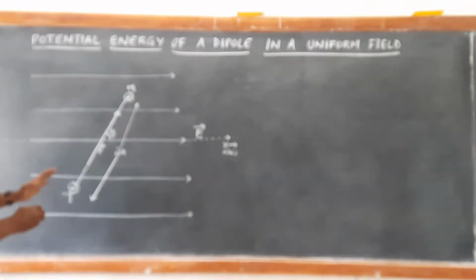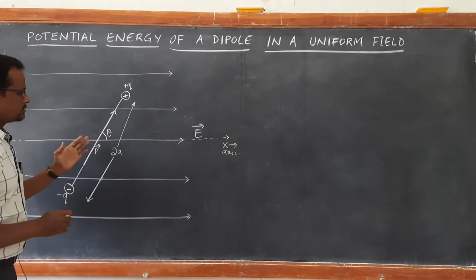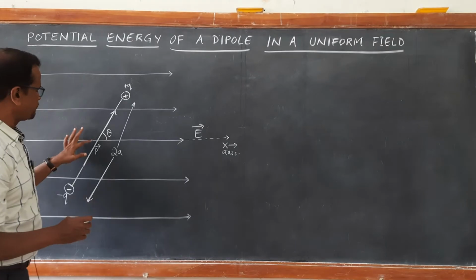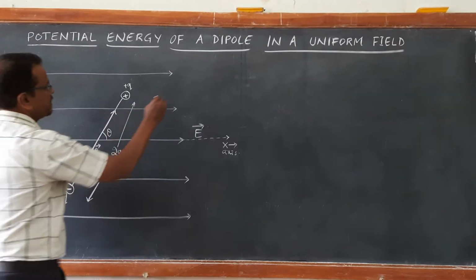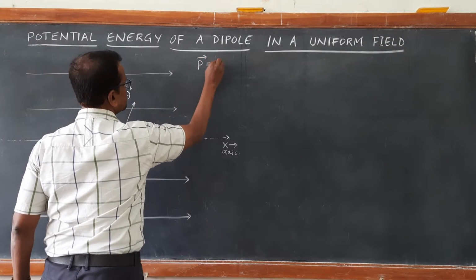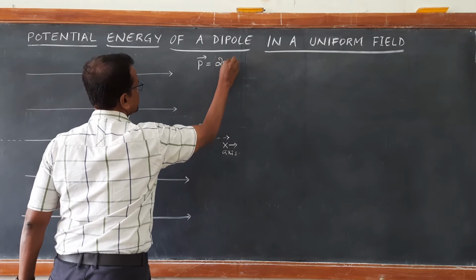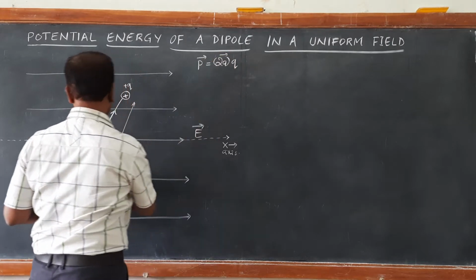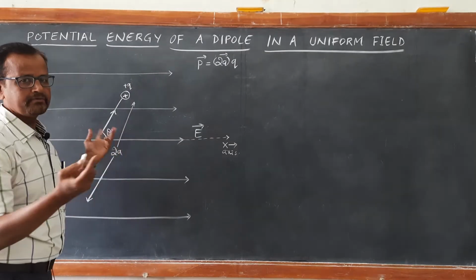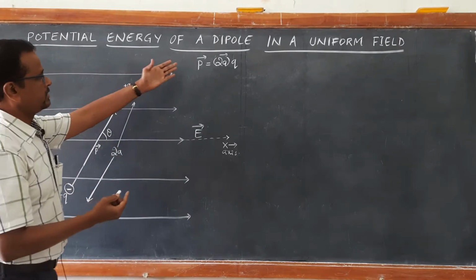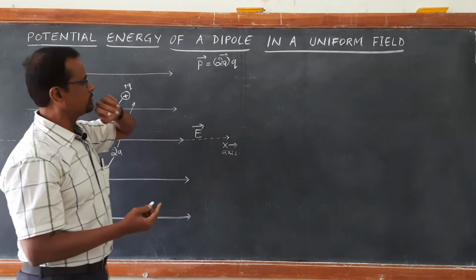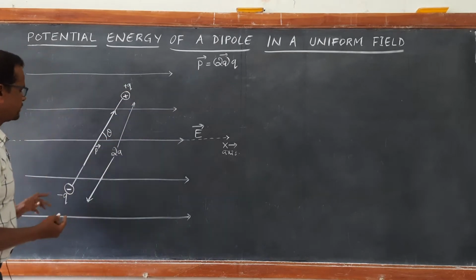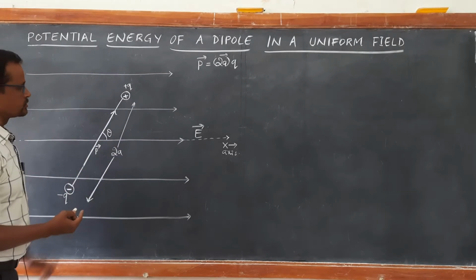Now, the dipole moment P is given by 2a into q, where 2a is the dipole length and q is the magnitude of either of the charges. The product of dipole length and q gives us the dipole moment directed from negative charge to positive charge.